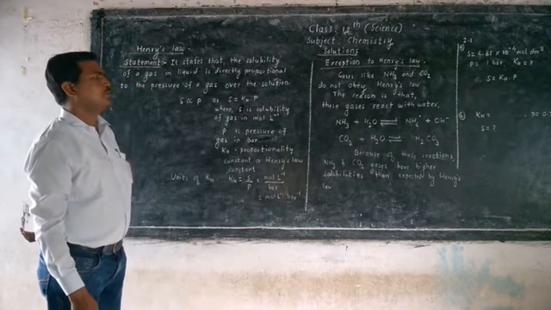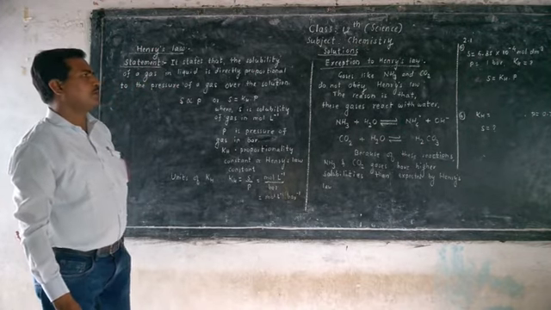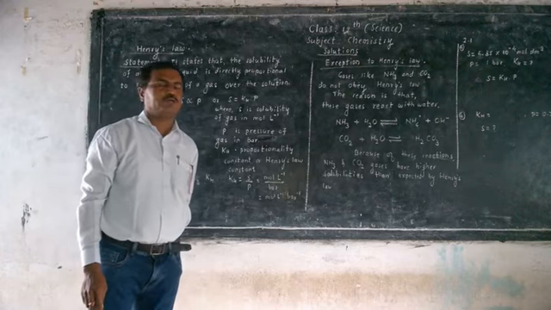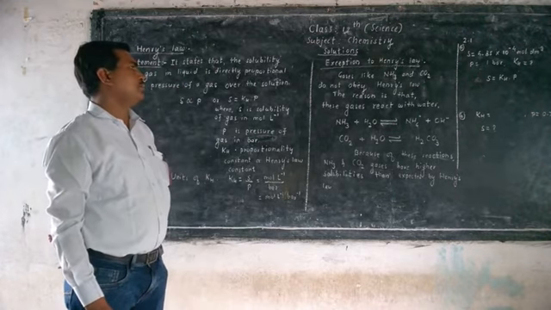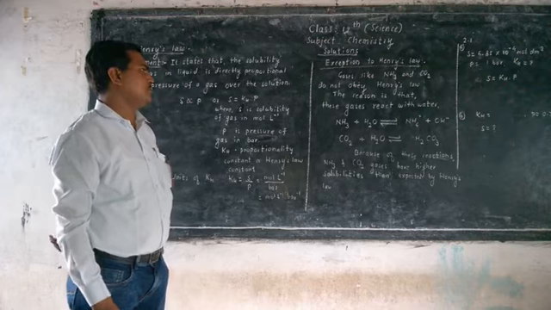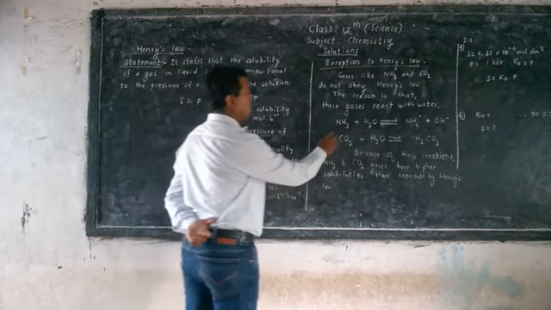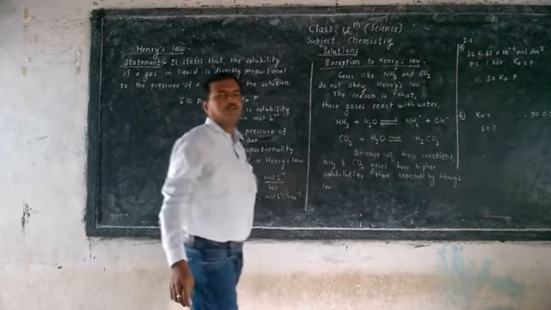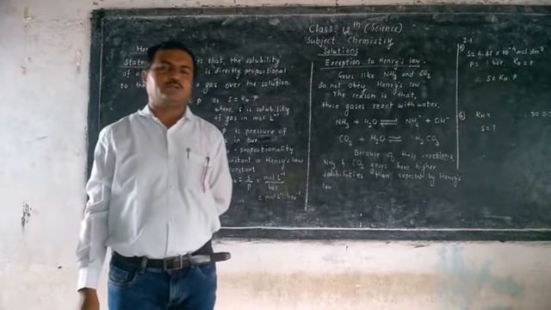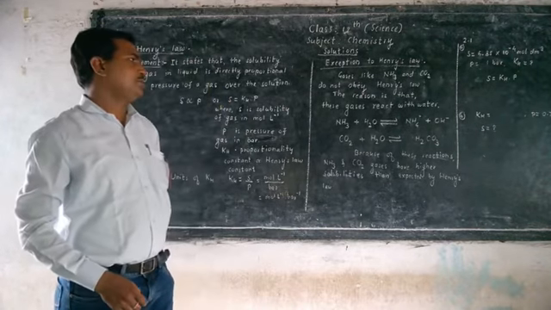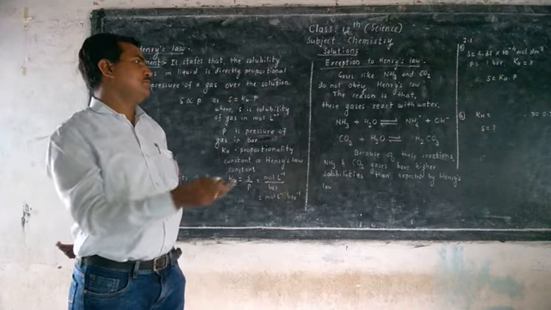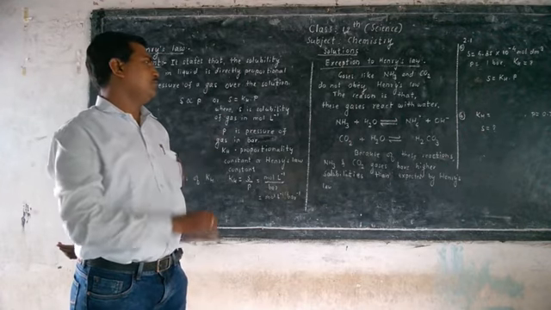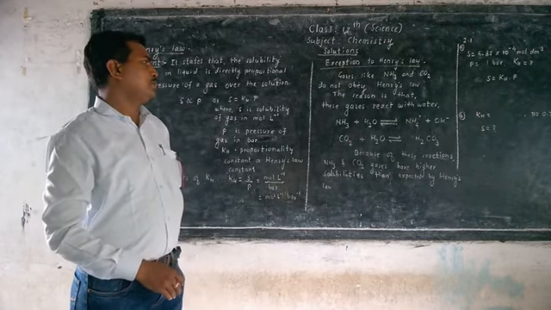Some gases like ammonia and carbon dioxide do not obey Henry's law because they react with water. When ammonia gas reacts with water, ammonium hydroxide is obtained, which is a reversible reaction, so ammonia and water will again be obtained from ammonium hydroxide.